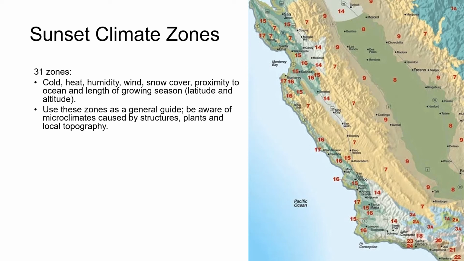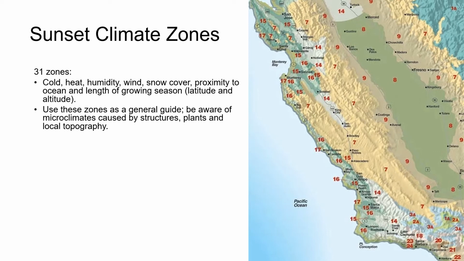This is the only system which takes into account all the factors that influence our many climates: temperature, both hot and cold, wind, precipitation, which includes rain and snow, proximity to the ocean, direction of prevailing winds, and latitude and altitude, which affect the length of the growing season and duration of any snow cover.